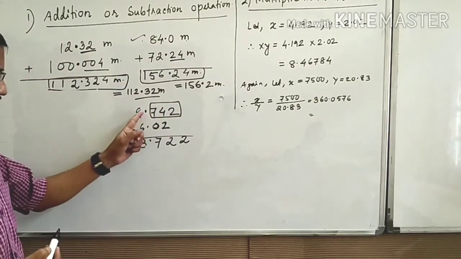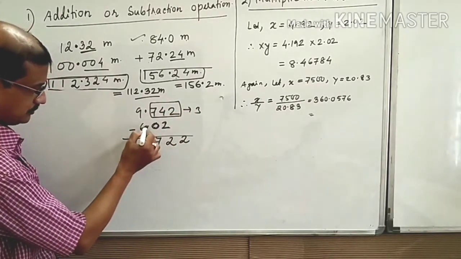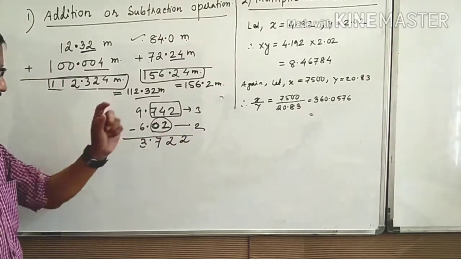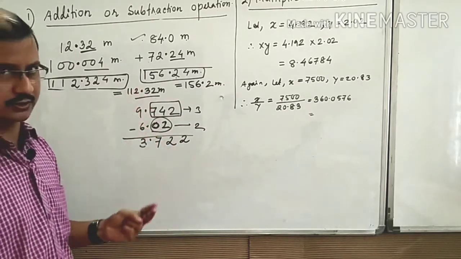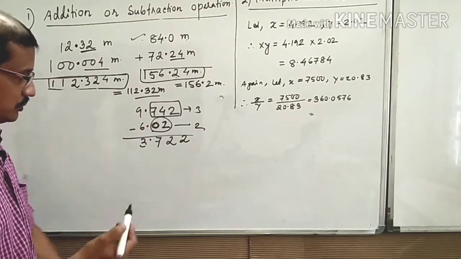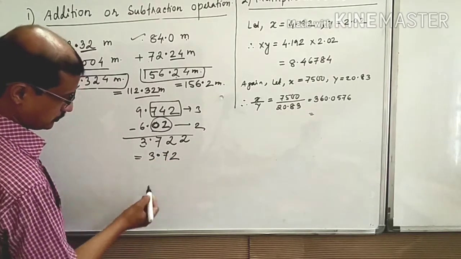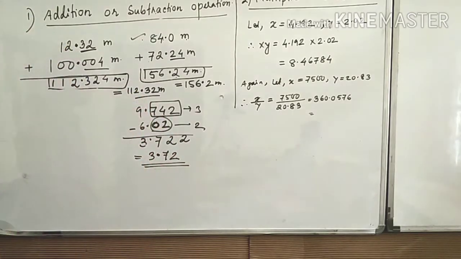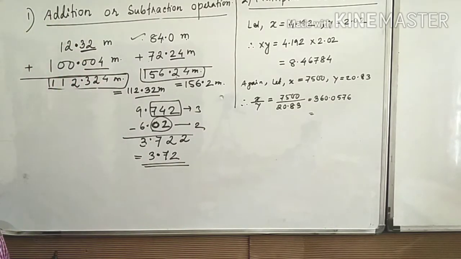In the second number you have 2 digits after decimal point. So the final result must contain 2 digits after decimal point. So after rounding off you can write 3.72. This is your final result, 3.72. That is all for addition and subtraction.